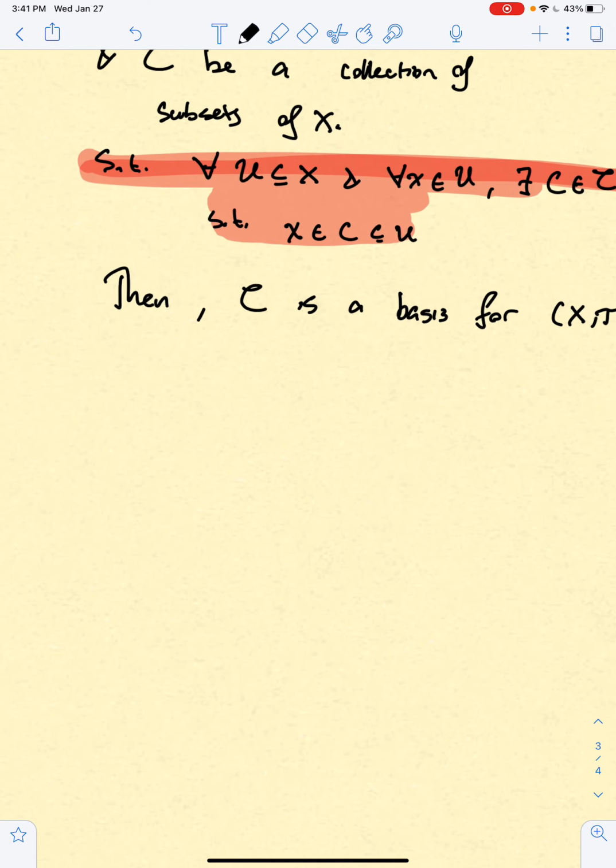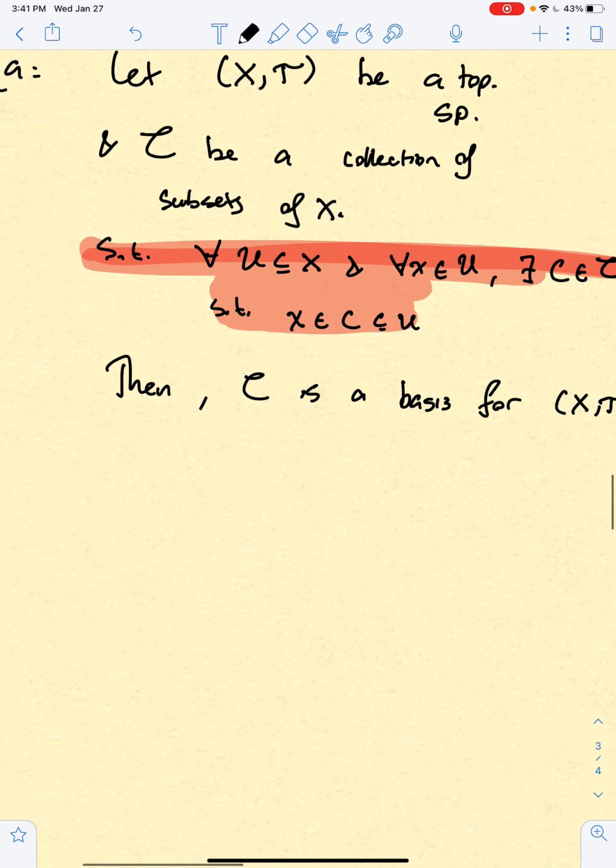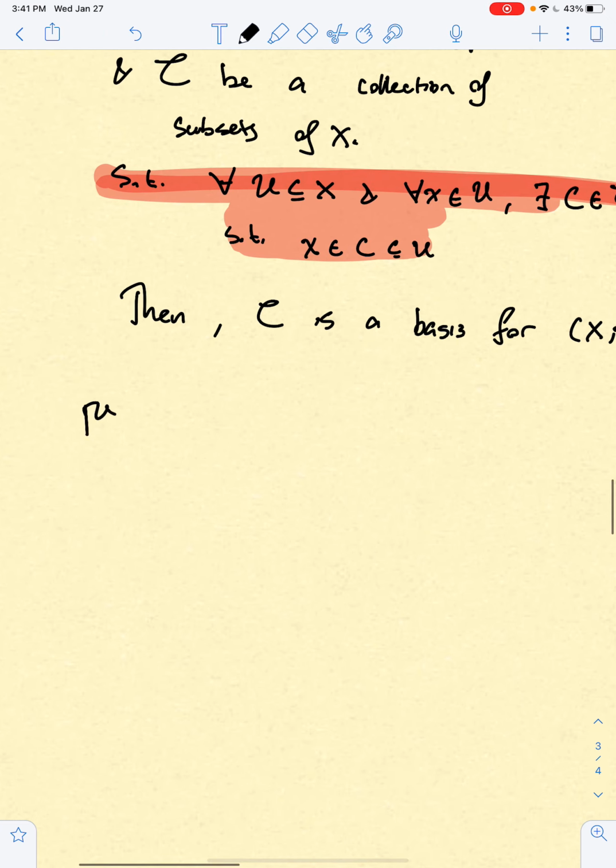So the fact that C is a basis isn't really too hard. So proof.